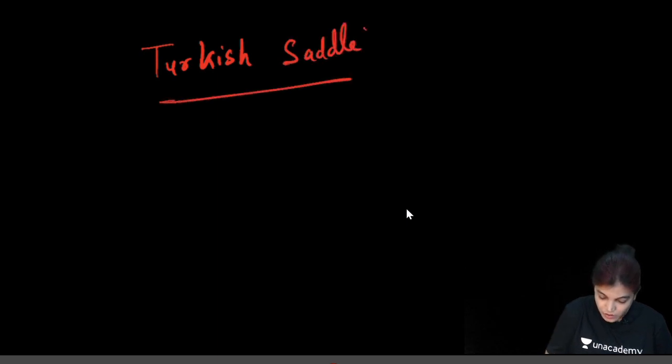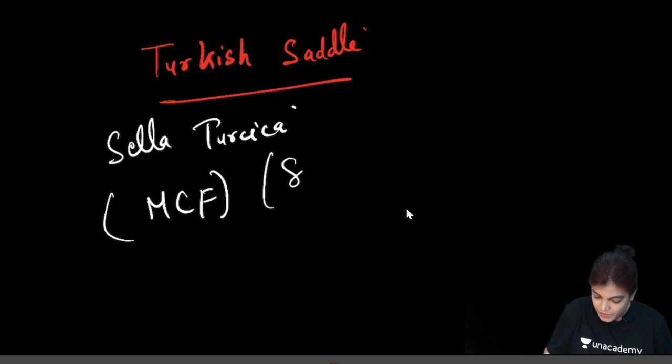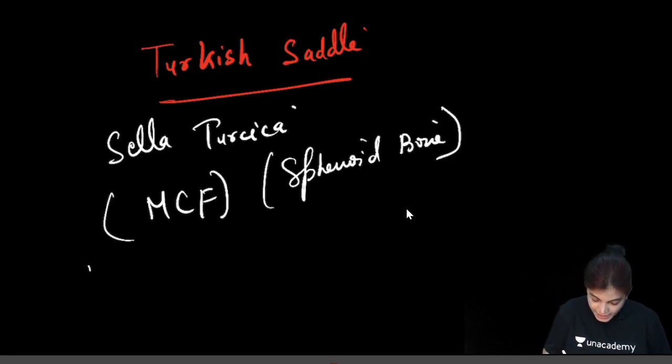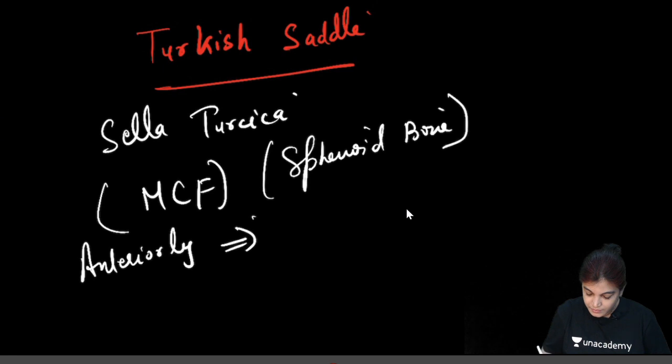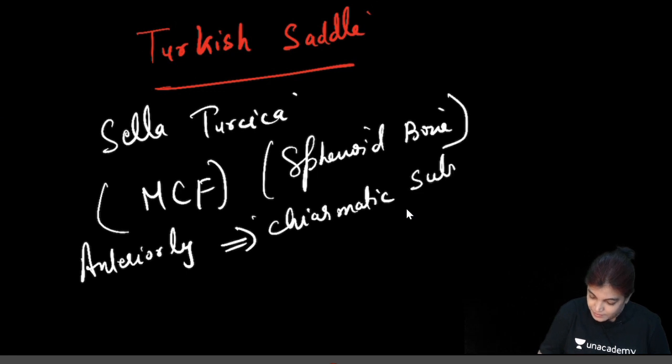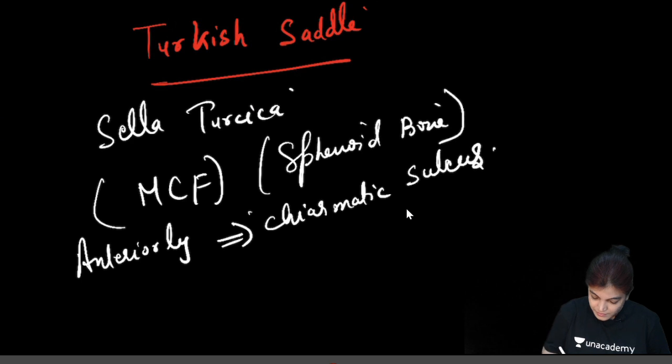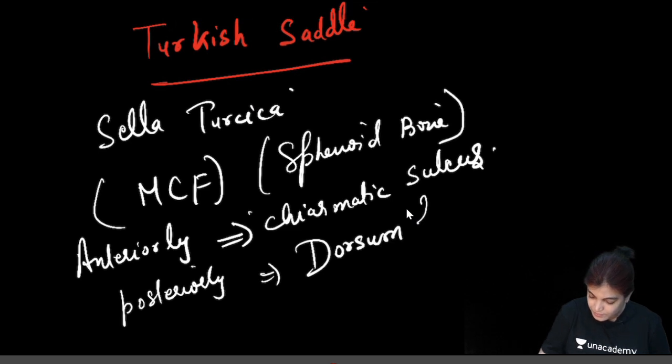So we can say the Turkish saddle, which is also called sella turcica, is located in the middle cranial fossa in the sphenoid bone, and it is bounded anteriorly by the chiasmatic sulcus and posteriorly by the dorsum sellae.